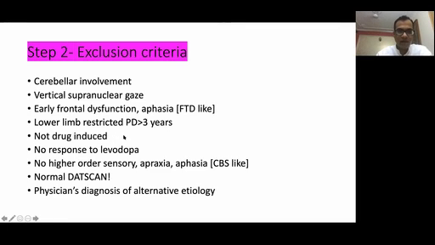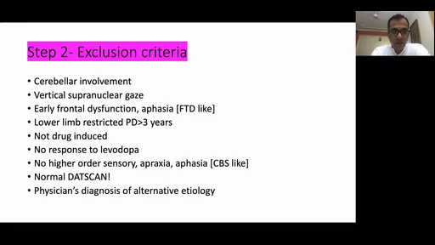We should make sure there are no drugs taken prior to this which may explain the Parkinsonism. If there is absolutely no response to levodopa, we can rule out Parkinson's disease. There should be no higher order sensory dysfunction or cortical dysfunction like apraxia or aphasia, which may suggest a corticobasal syndrome. A normal DAT scan is good to rule out Parkinson's disease, although an abnormal one doesn't always rule it in.